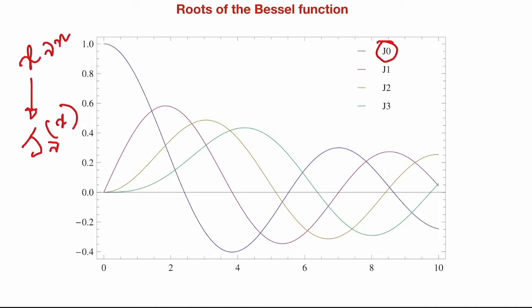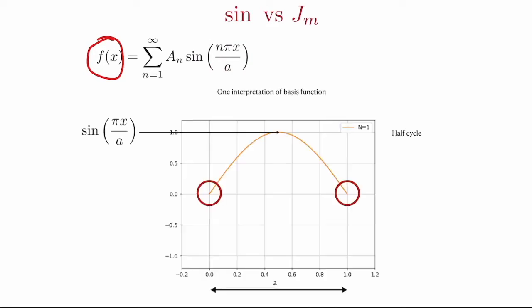Now, how do these roots play a significant role in the boundary value problem? Let's compare the sine and J nu. What we have in a Fourier series is a function f of x represented in terms of sines. A is taken to be 1 for simplicity. Now let's look at the plot of the function sine n pi x by a, where n is equal to 1.